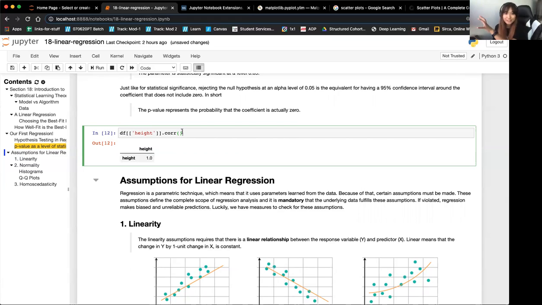So each of your x's is somewhat correlated with your y. Each of your features is somewhat correlated with your target. And later we'll get into, as I alluded to already, that if you have features that are correlated with each other, you usually want to take one of those out, but that's more for Thursday.